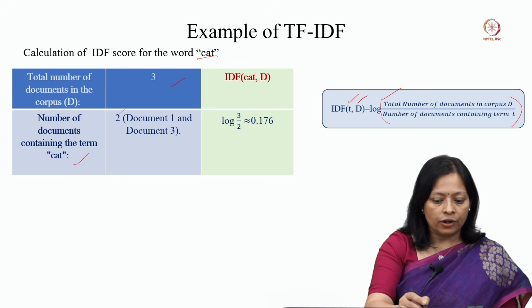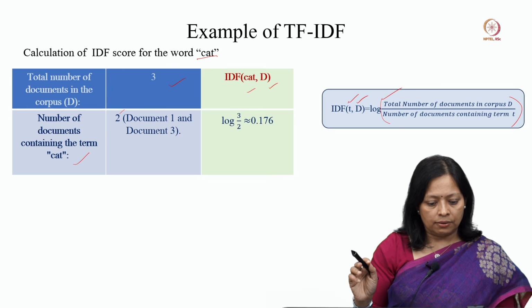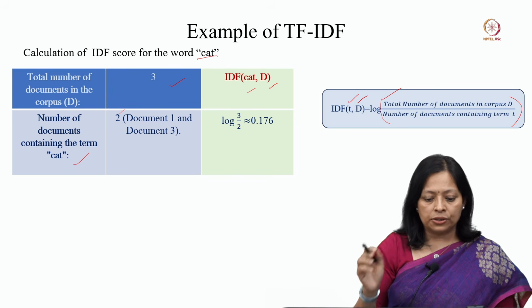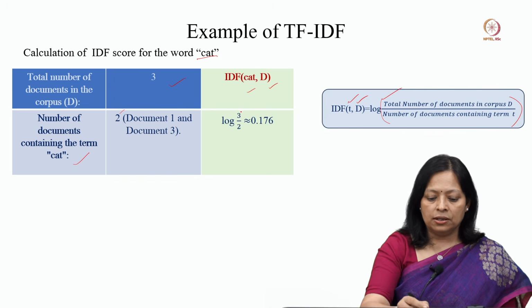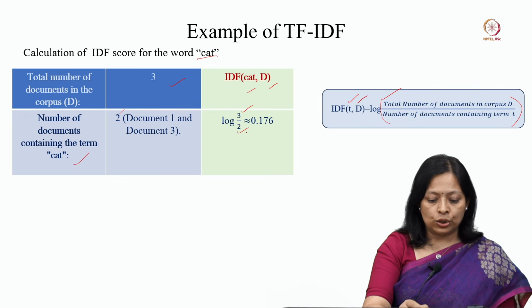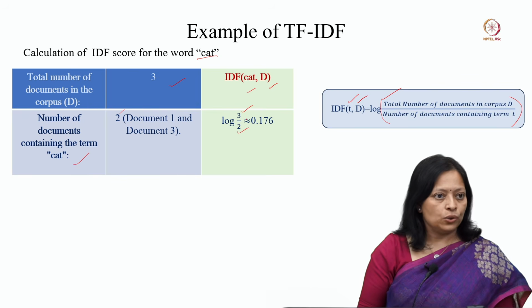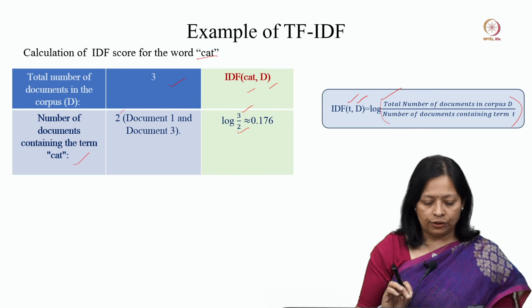Now, IDF for cat in this D number of documents is equal to log of the total number of documents in the corpus D, which is 3, and the number of documents containing the term T is 2, which is log of 3 by 2. Okay. So, this is the way we do the IDF calculation.